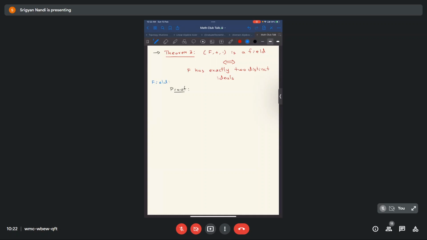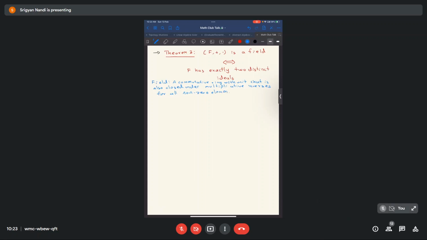A field is basically a commutative ring with unity that is also closed under multiplicative inverses for all non-zero elements.